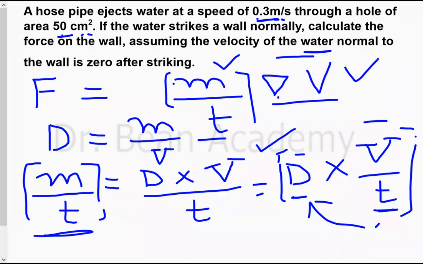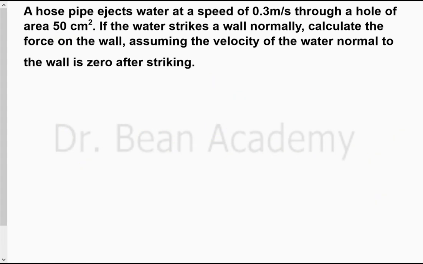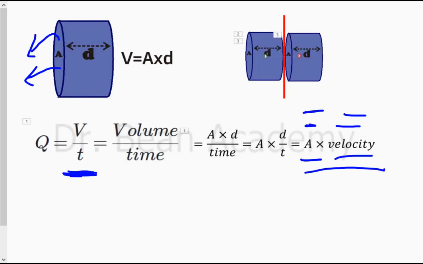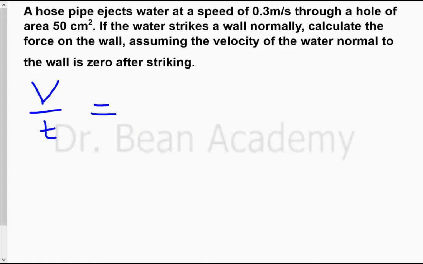solution. So now I will calculate V over T. Let's go to the next slide. And I know that V over T equals, let me have a look at the formula again, volume flow rate, and V over T equals area of the circular face multiplied by the velocity of the liquid inside the pipe. So A multiplied by velocity.